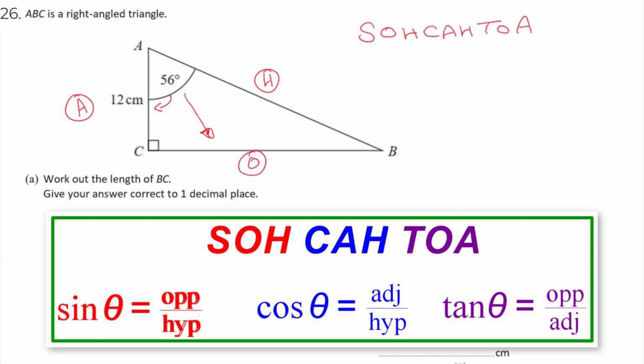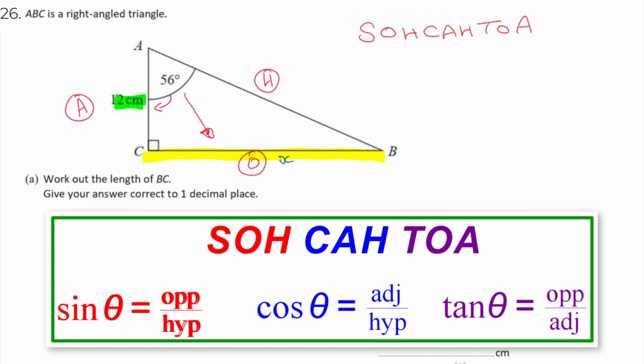Okay, now in this triangle I have been given the adjacent, and I've been asked to find the length BC, which is the opposite. I wasn't given a letter, so I'm going to call it X. That's the one I want to find.